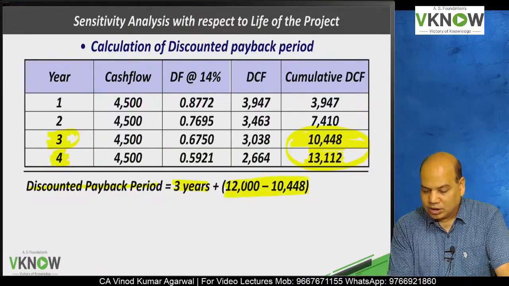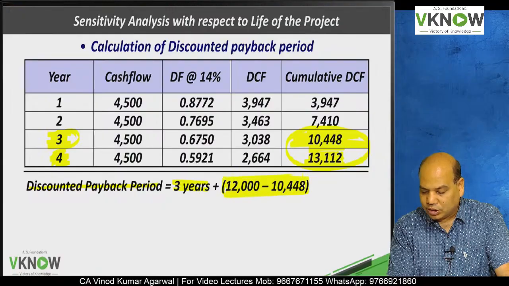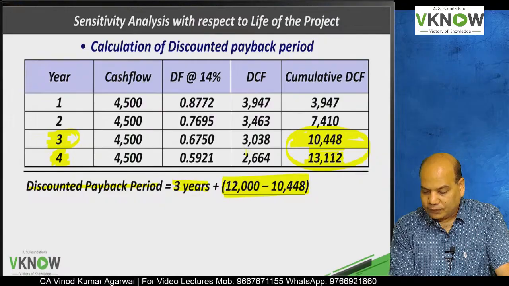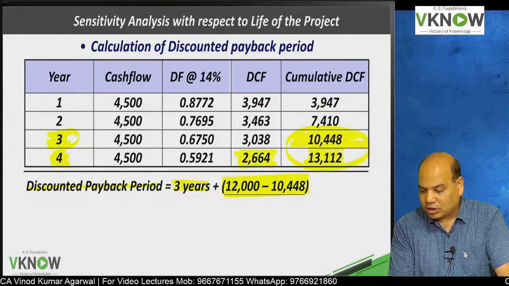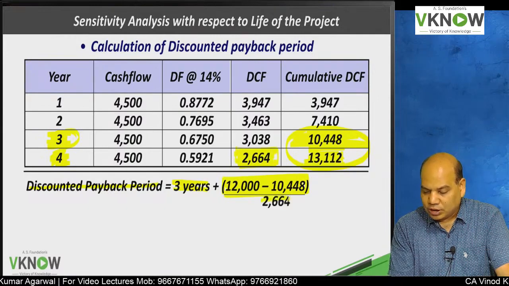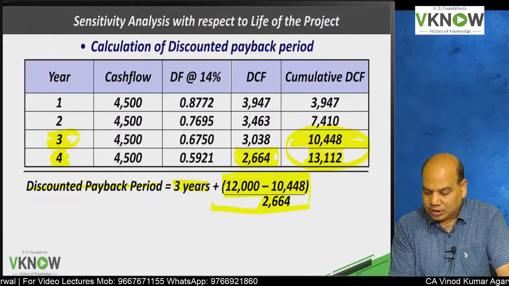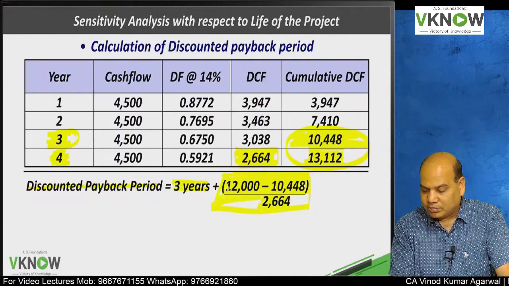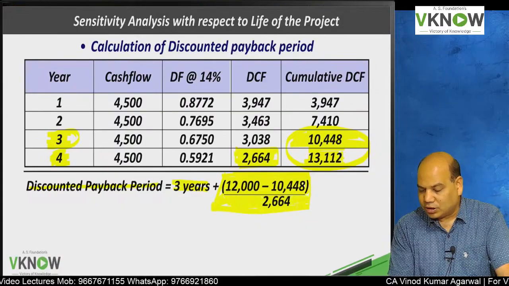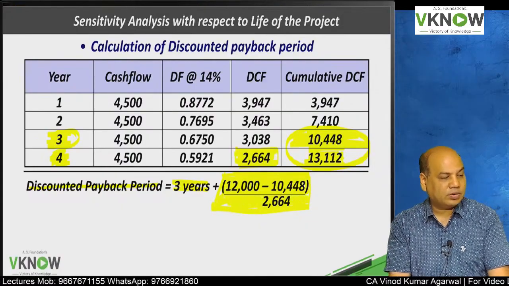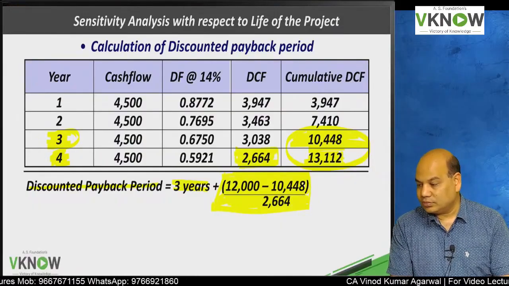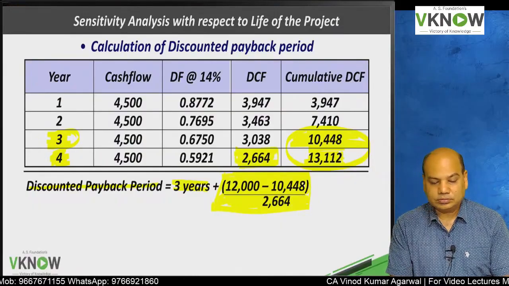This amount I need to recover more, divided by the total amount received in the fourth year, which is 2644. That will give me the proportionate time period required in the fourth year to recover the balance amount. Kindly solve and give me the answer.